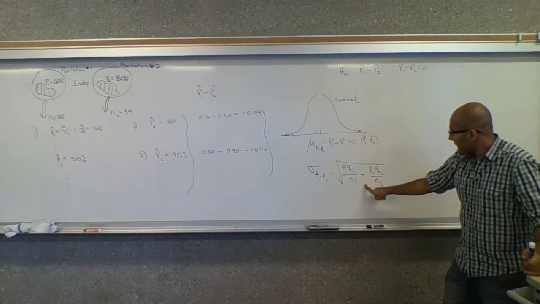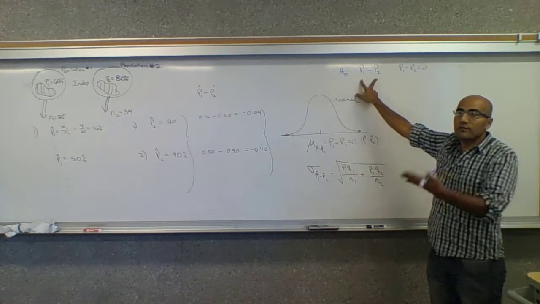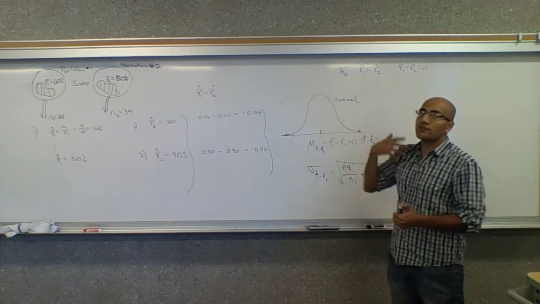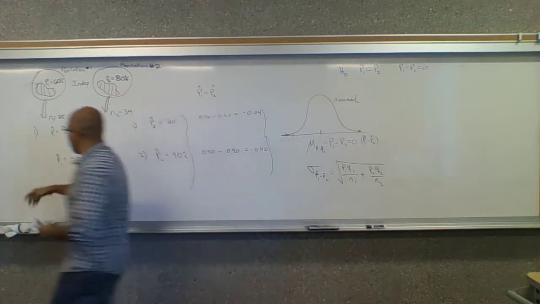But what about that? 0 over... Well, you don't know what they are, you're just assuming that they're equal to each other, so the best thing for us to do is to use our sample data. There'll be some sample value given.